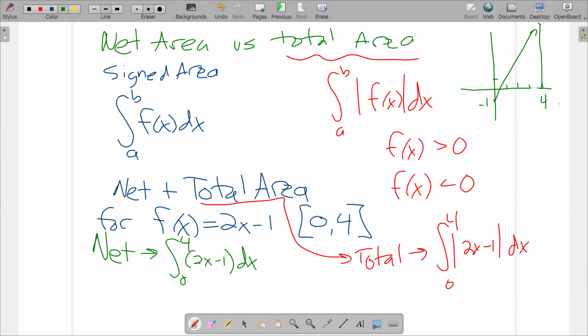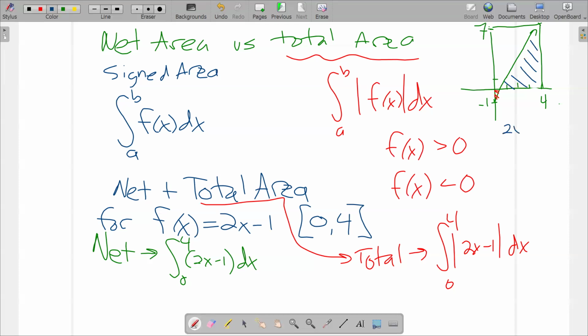This is not quite to scale. At 4, we're going to get 7. At 0, we're going to get -1. So we have some negative area here, and then some positive area. So we just have to find them separately.